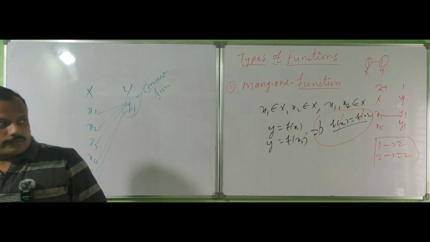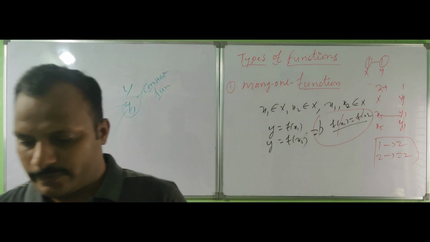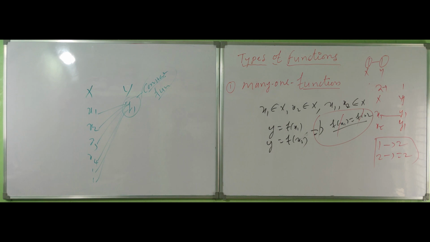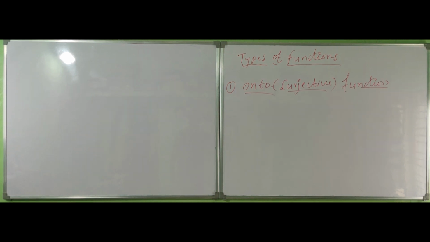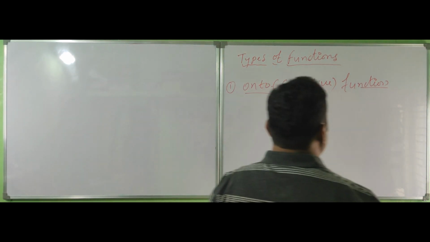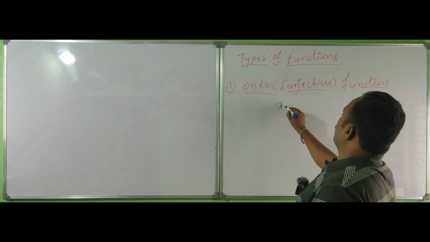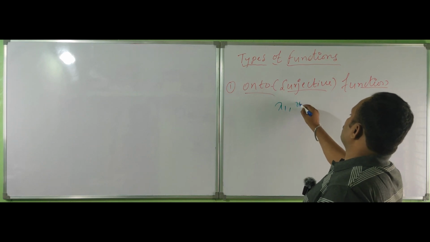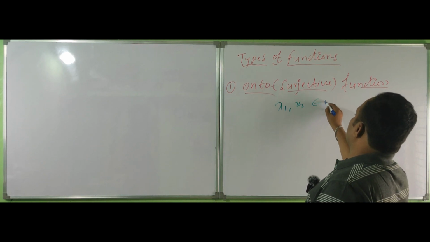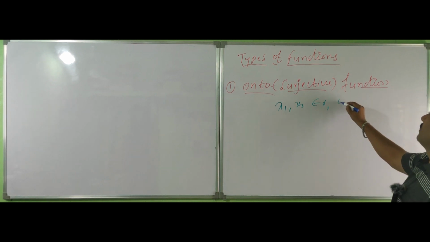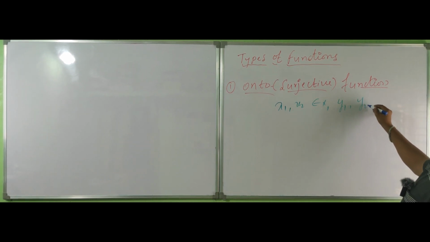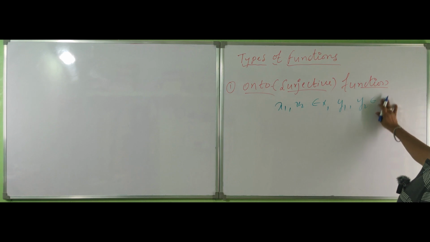Third one is the onto function. Onto function is very important. We have x1 and x2 belonging to x, and y1 and y2 belonging to y.